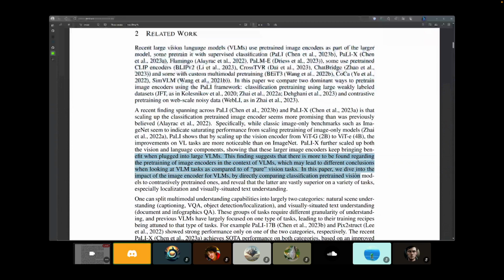In this paper, we dive into the impact of the image encoder for VLMs by directly comparing classification pre-trained vision models to contrastively pre-trained ones, and reveal that the latter are vastly superior for a variety of tasks, especially localization and visually situated text understanding.